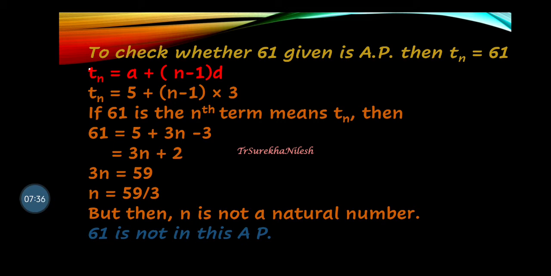We will be subtracting 2 on both sides, so 61 minus 2 we will get 59. 3n equal to 59. Dividing both sides by 3 we get n equal to 59 upon 3. But then n is not a natural number. Therefore 61 is not in the AP.